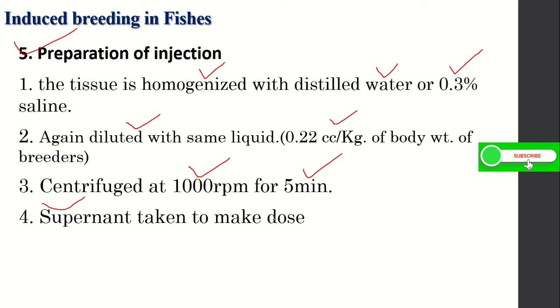The next step is the dosage. For the breeders, 2 injections are given.